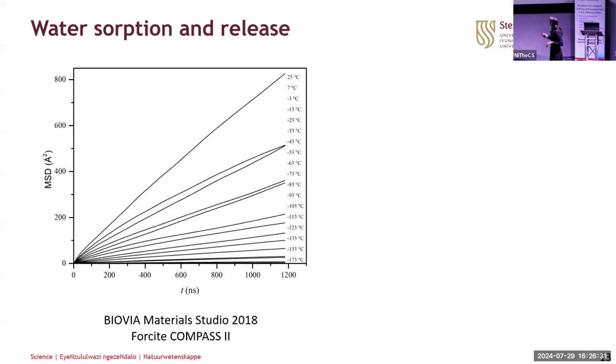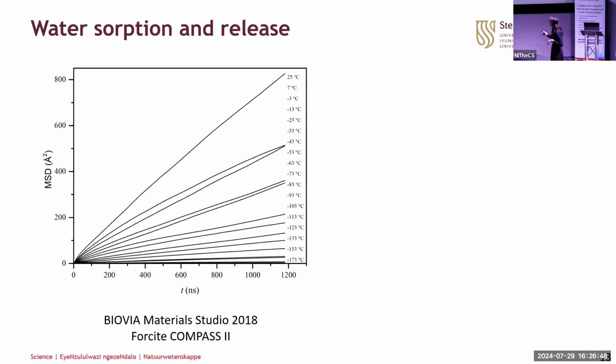And he found that, as one might expect, as temperature increases, the amount that the water moves from its original position increases. So this is at higher temperature, and as the temperature goes down, the amount that it moves decreases.